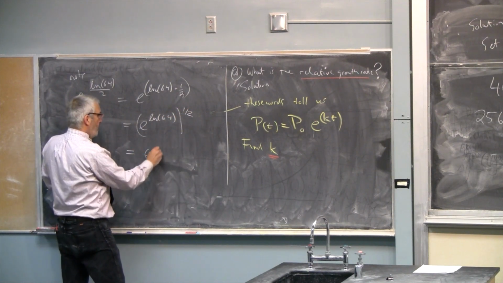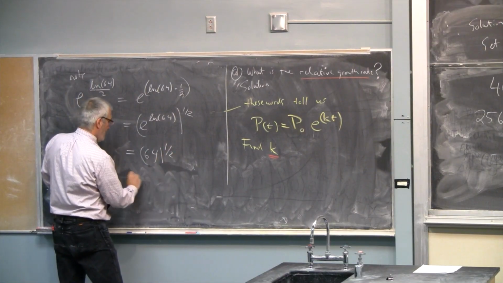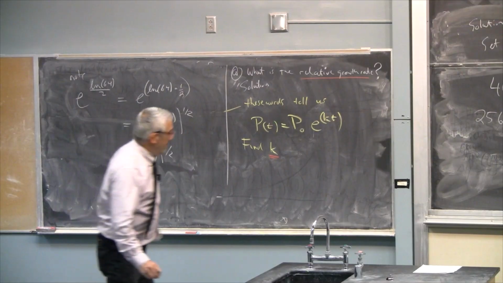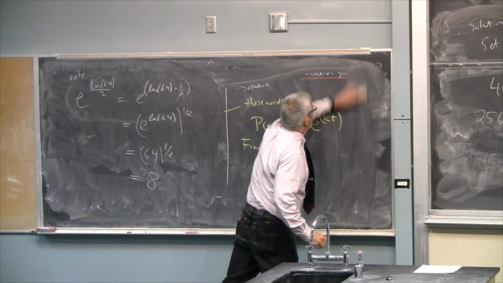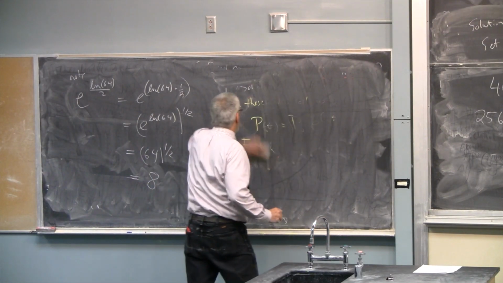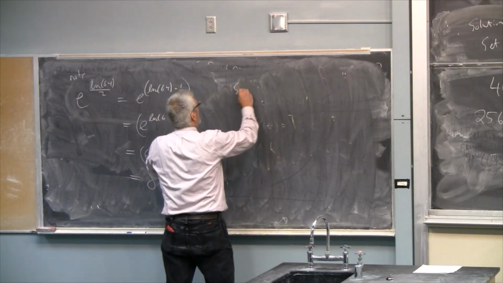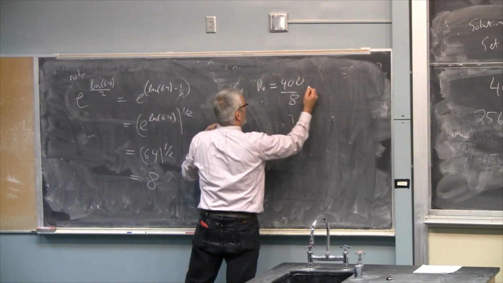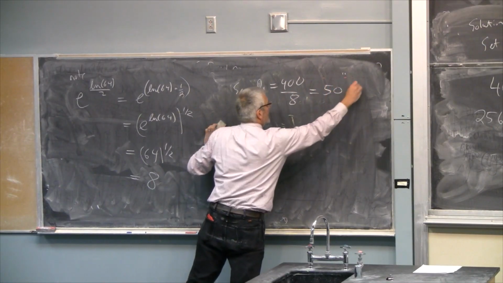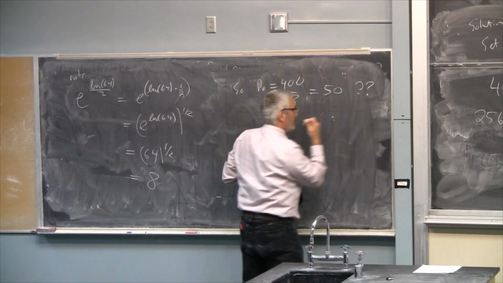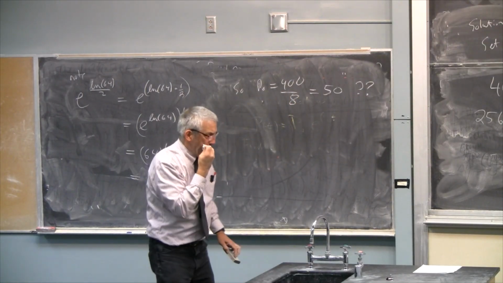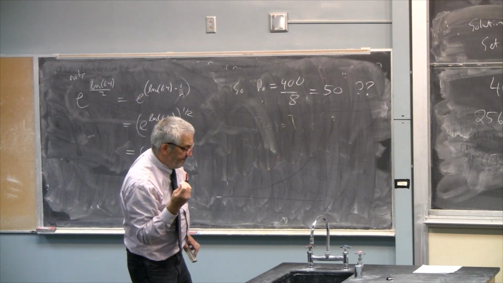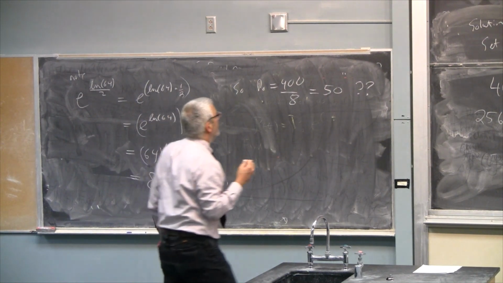So that's 64 to the 1/2 power. That's just the number 8. Isn't that cool? So I end up with p0 equals 400 over 8. I think this is right, so that's 50. Not sure. Got to double check.